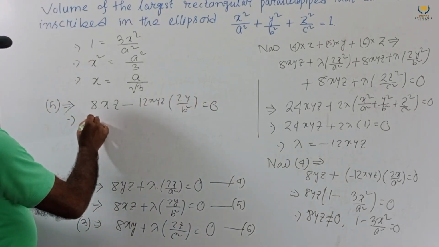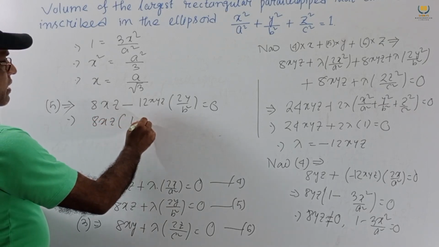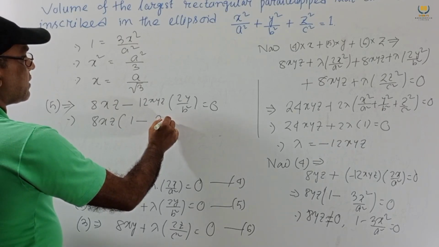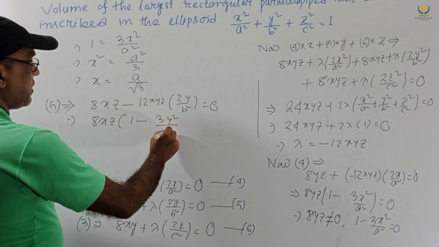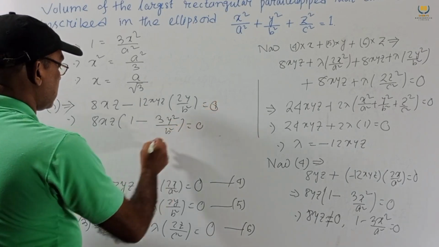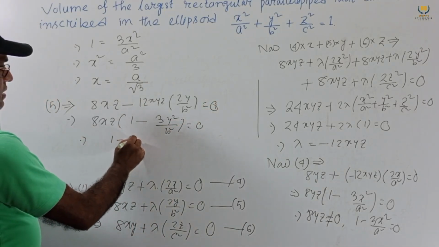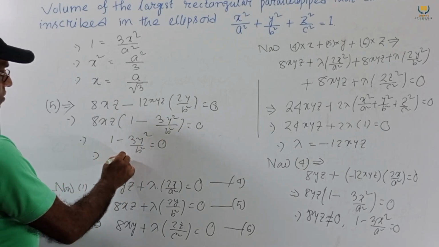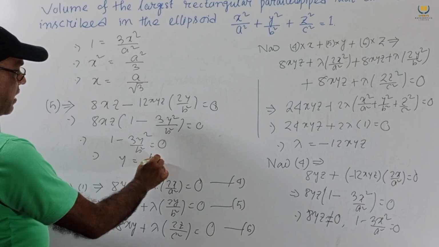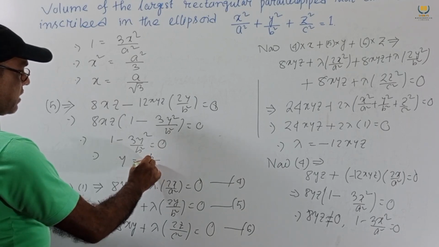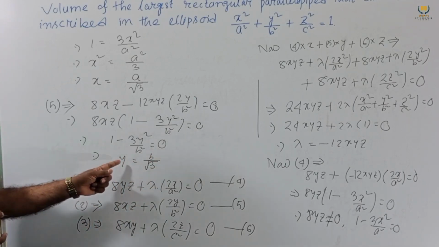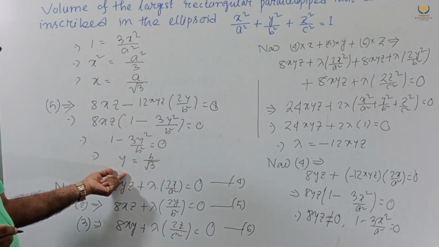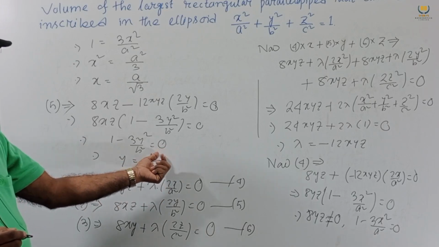This implies 8xz common, 1 minus 3y square by b square equal to 0, and if we calculate then y equal to b by root 3, we get this one. Similarly, if we put the same value in equation number 6, we get the value of z. Z will be c by root 3 we get.